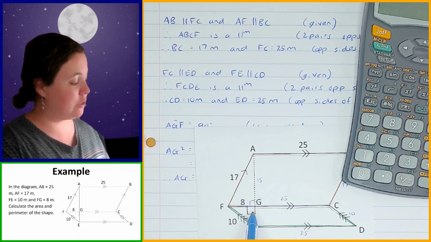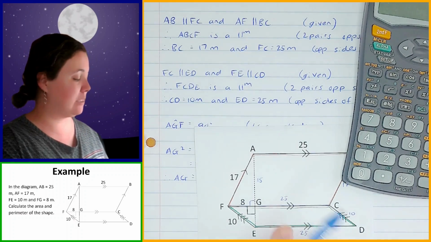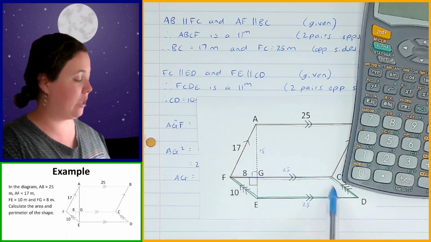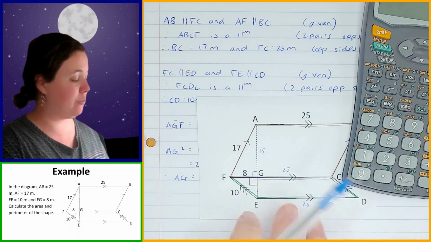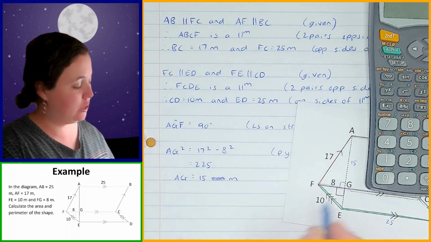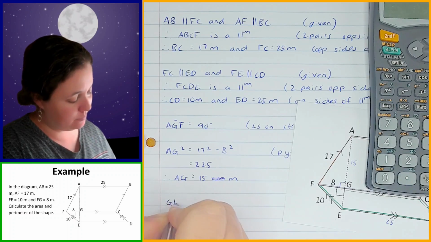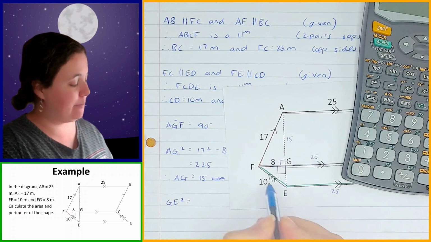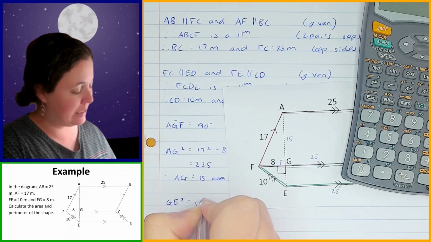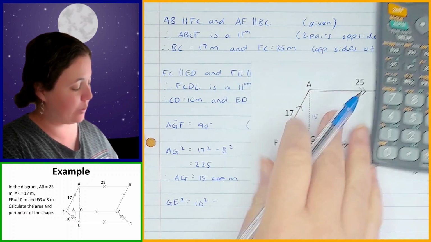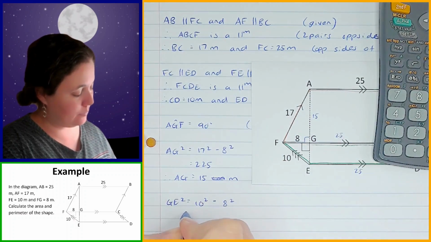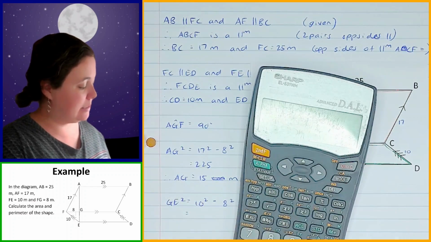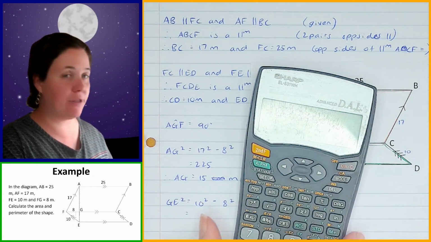Okay, then I also need to work out the length of GE because I'm going to need that for working out the area of this parallelogram at the bottom over here. So doing the exact same thing, GE squared equals, but this time my hypotenuse is 10, so it's 10 squared minus 8 squared. Okay, so 10 squared minus 8 squared gives me 36.